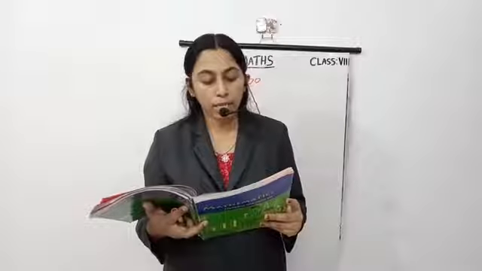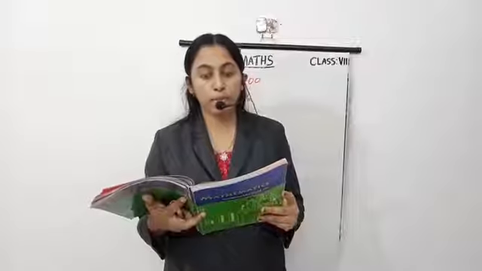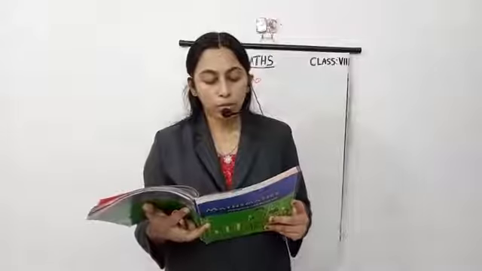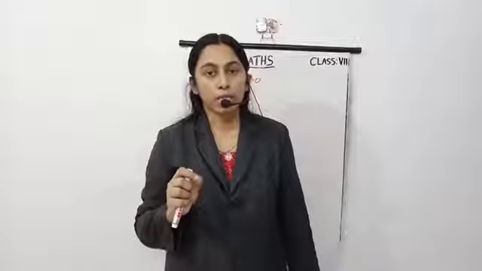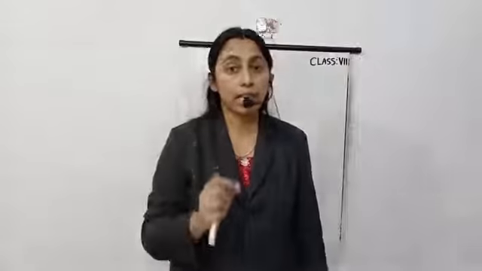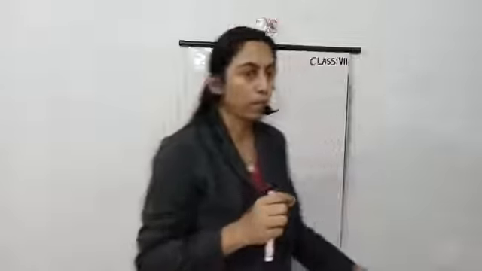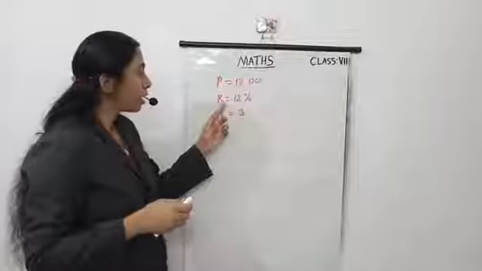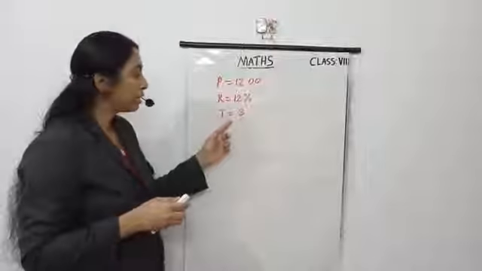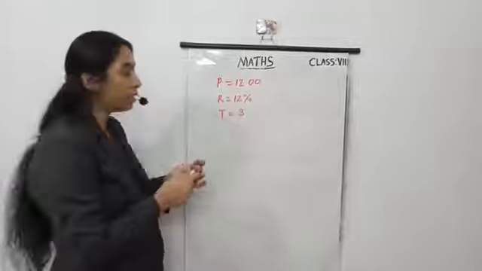Principal amount rupees 1200, that is P equal to 1200. 12% per annum. PA means per annum, that is annually, 12% is the interest, that is the rate 12%. So P 1200, rate 12%, time period 3 years.